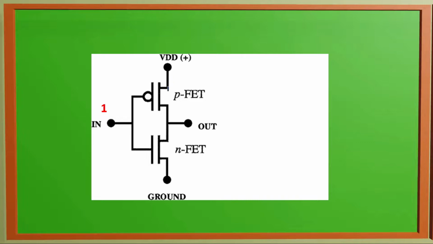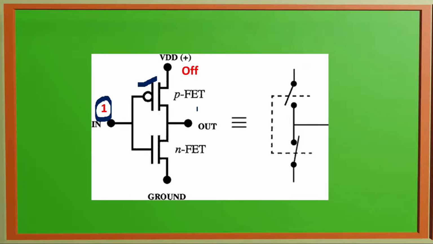When supply is connected and input is 1, this input 1 will force this PMOS to become off. When it is off, there is no path between VDD and output. So output will be 0 at that time.